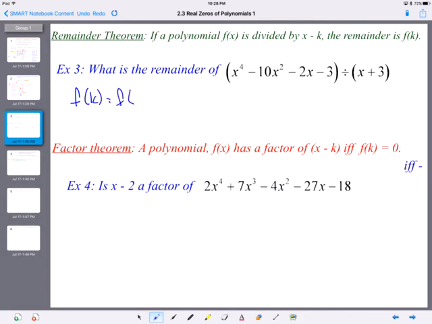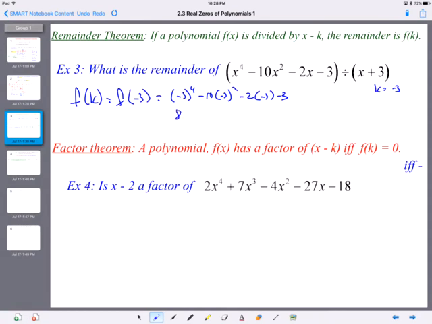So for this example, I want to know when k is -3, because remember it's x minus k. So I want to plug in f of -3. And you can do -3 to the 4th minus 10 times -3 squared minus 2 times -3 minus 3. Plug it in your calculator and see what your remainder is.